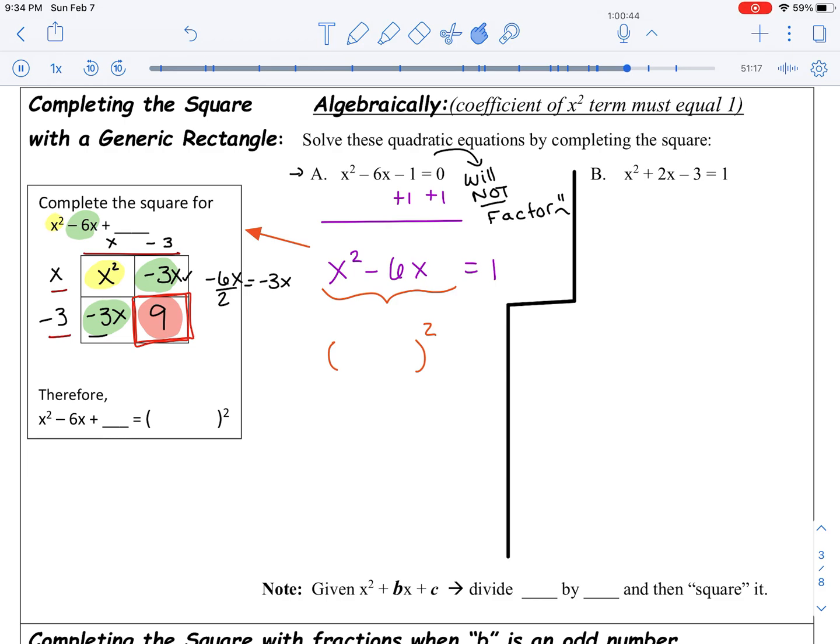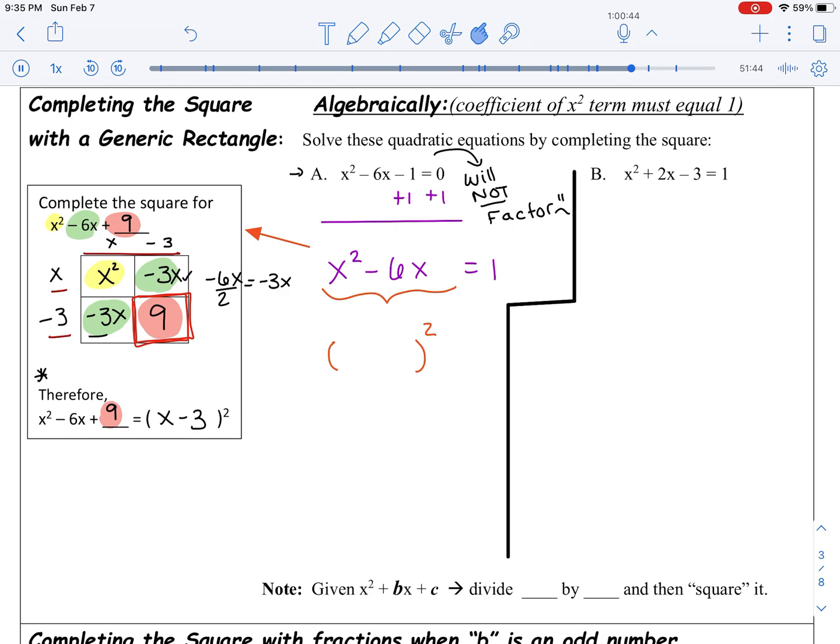So this box now represents x squared minus 6x plus 9, which can also be written as x minus 3 squared.